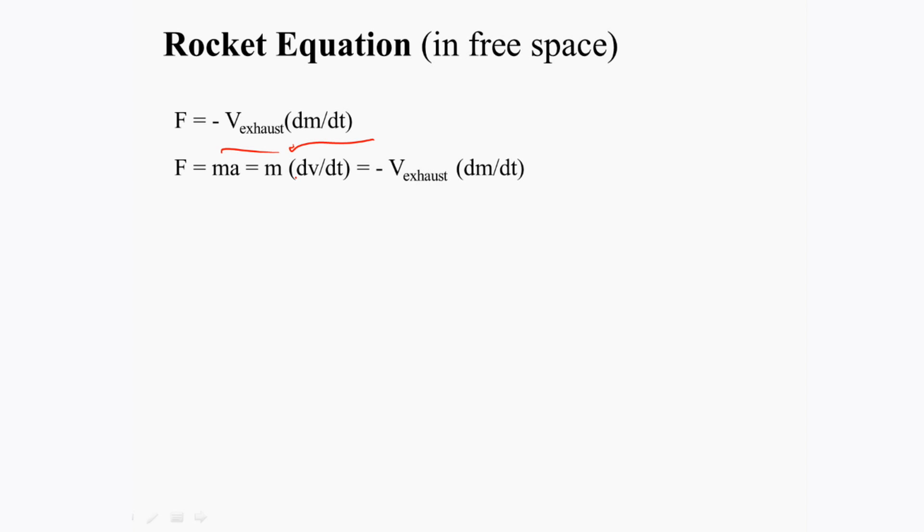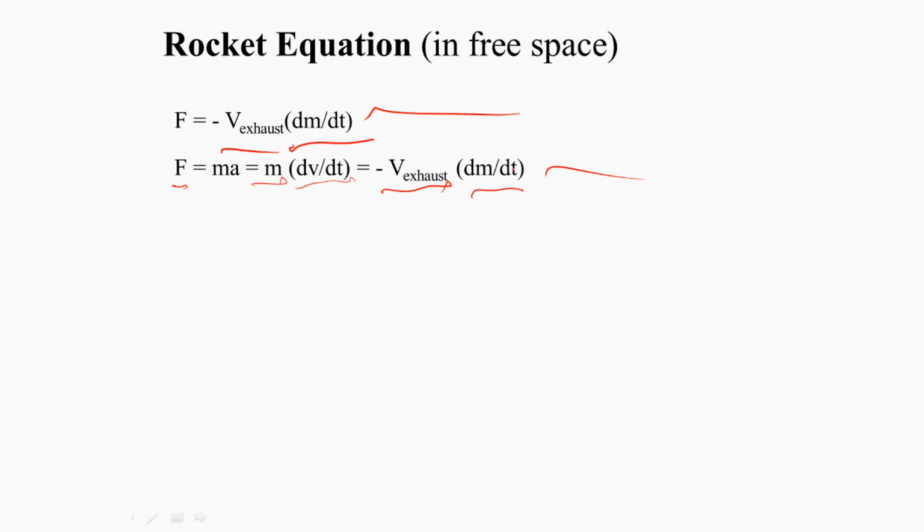M is the instantaneous mass at any given time, and so the force equals the mass times the acceleration, which is the time rate of change of the velocity, and that's the velocity of the rocket now, which is not the same as the velocity of the exhaust, which when we multiply it by the time derivative of the mass, that is the mass flow rate, also gives us the force. So we have these two expressions for the force, one from the conservation of linear momentum and one from Newton's law. And now we can work with that.